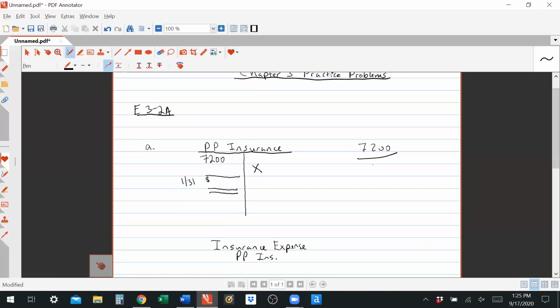So how much are we paying for 1 month? We just need to take 7,200 and divide it by the 36 months. So essentially we're paying 200 a month. I mean, we pay all 7,200 at the very beginning, but really that's 200 per month that's what it's costing us per month.